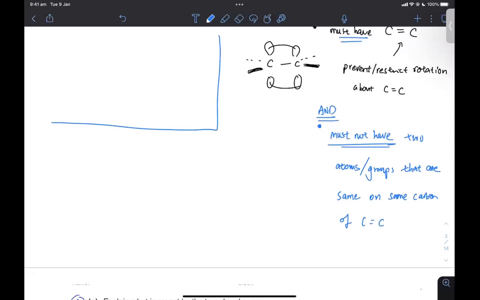So I'm just going to show you an example. When you have this thing here, first of all, you have carbon-carbon double bond. Now, you have a hydrogen and a CH3. Hydrogen and CH3 are different, so they are not the same. Therefore, they are okay. Now you're looking at this carbon here. You have CH3 and you have hydrogen. They are not the same.